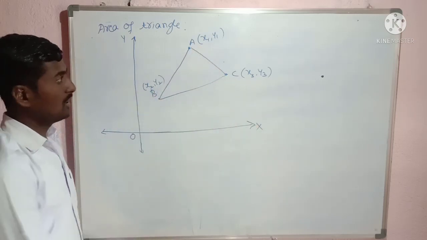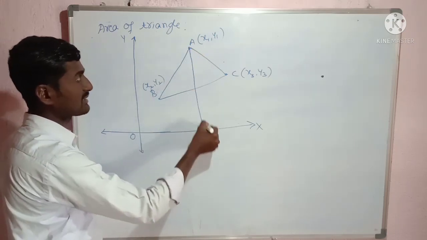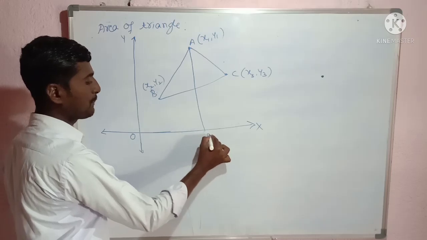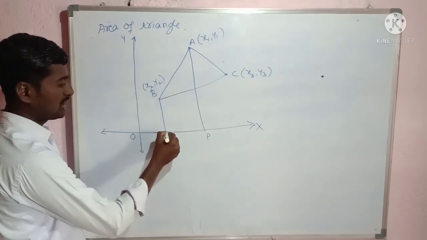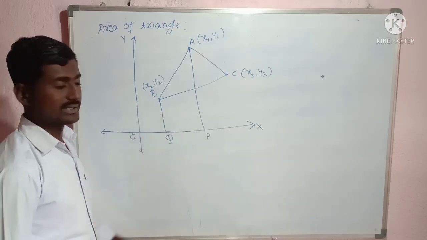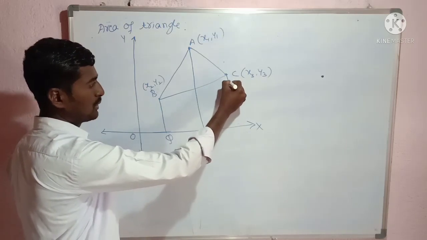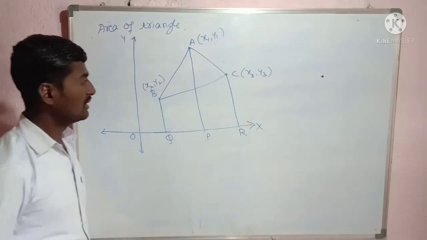Now let us draw perpendiculars from the vertex A to the x-axis. I will take that as AP. Draw a perpendicular from the vertex B to the x-axis, that is BQ. Then one more perpendicular from C is CR.